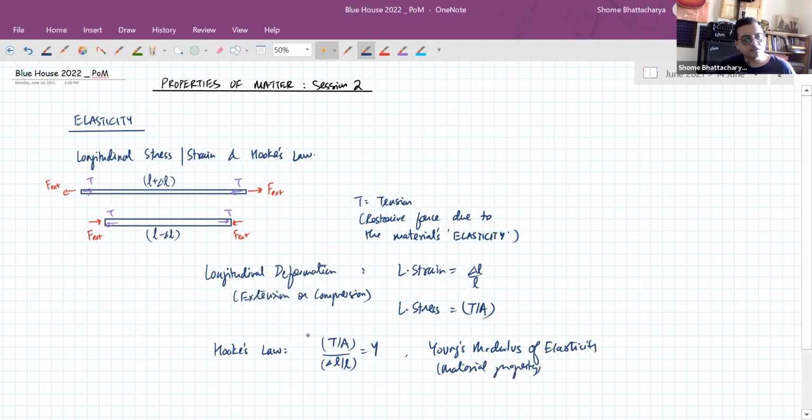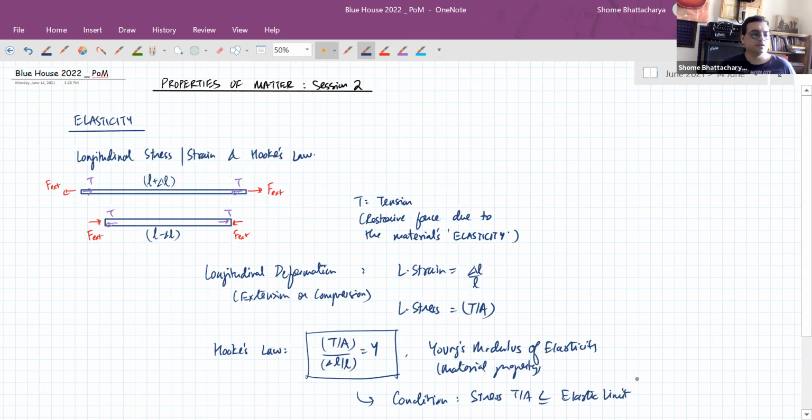Of course, this Hooke's law equation is valid, not indefinitely, but for the condition that the stress T by A is less than or equal to what we call the elastic limit. Okay.